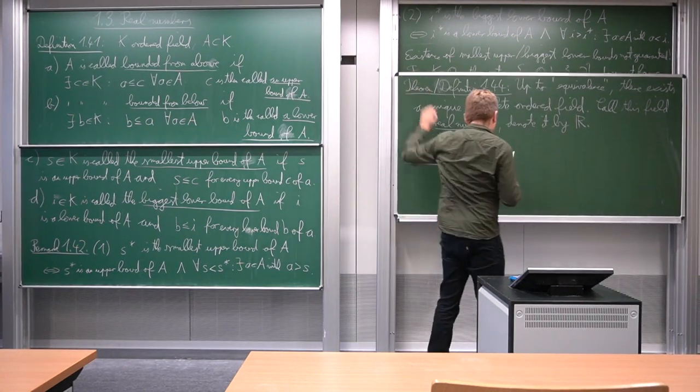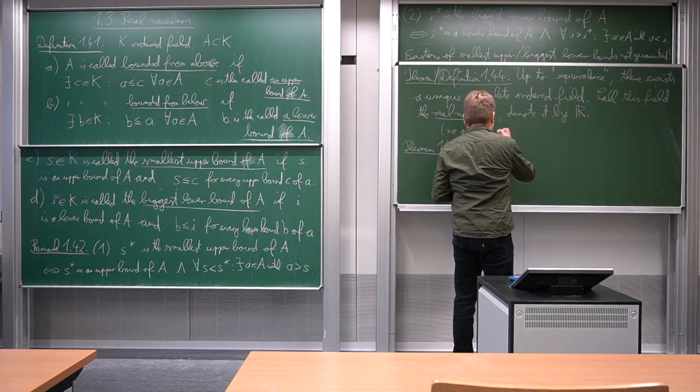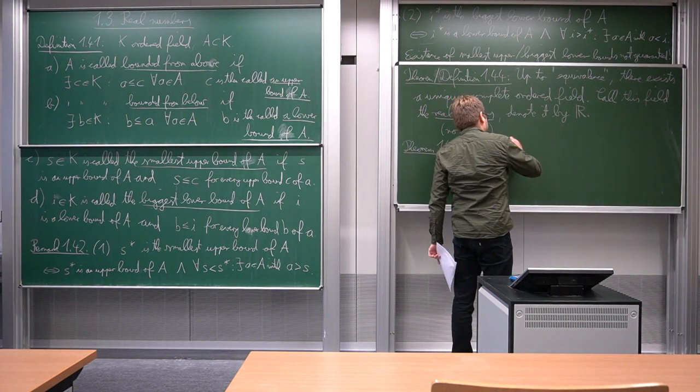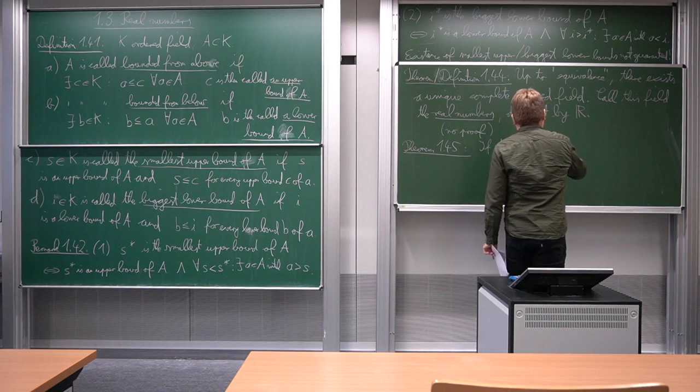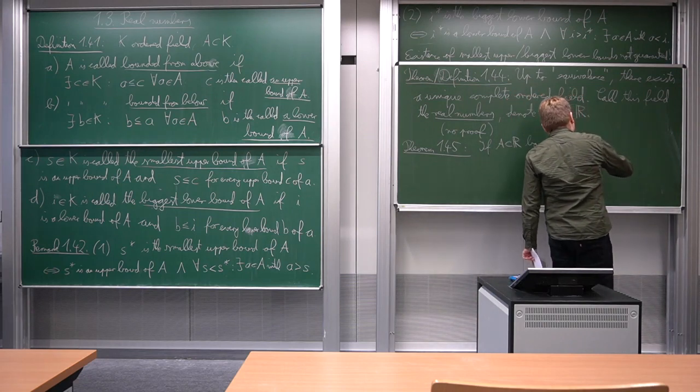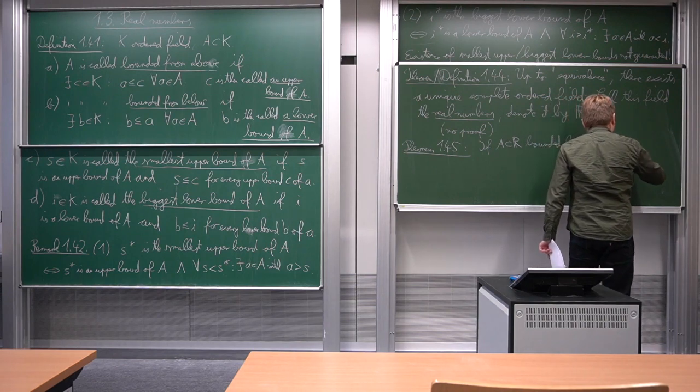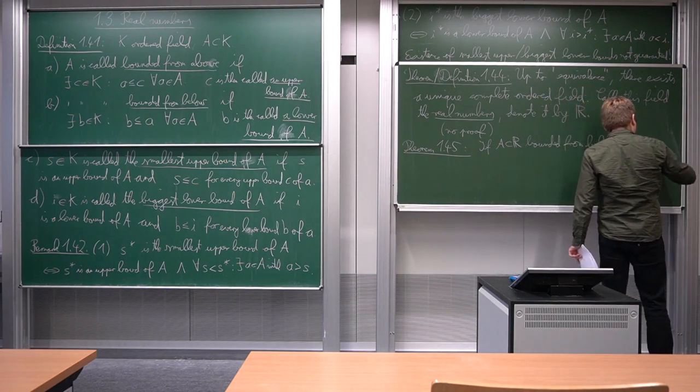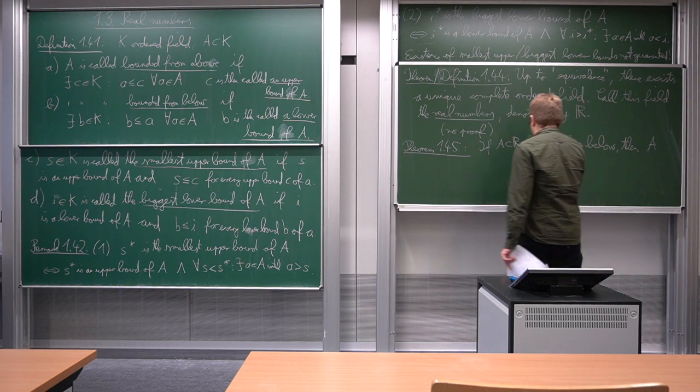Because here we already get, if A is a subset of the real numbers which is bounded from below, then it already follows that A has a biggest lower bound.